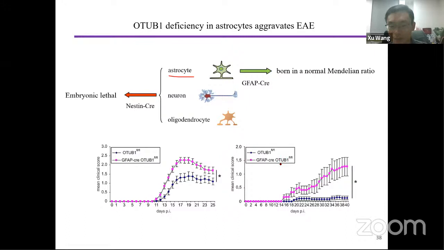and we found that the astrocyte-specific OTUB1 knockout mice developed more severe EAE. So the EAE disease in the OTUB1 specific knockout mice is more severe.